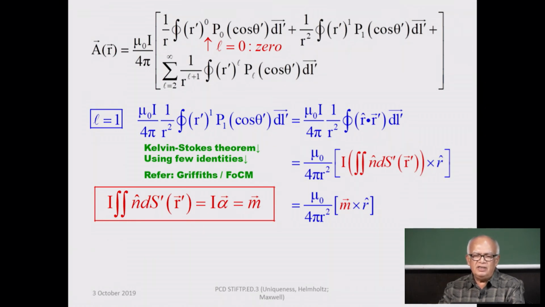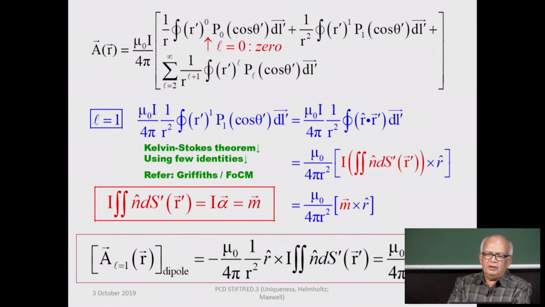You will find detailed analysis in Griffiths' book and also in Foundations of Classical Mechanics, which is my book, which is about to be released, right. So, all those details are worked out over there, but you can also work it out as a homework exercise or use Griffiths if you like, all right.